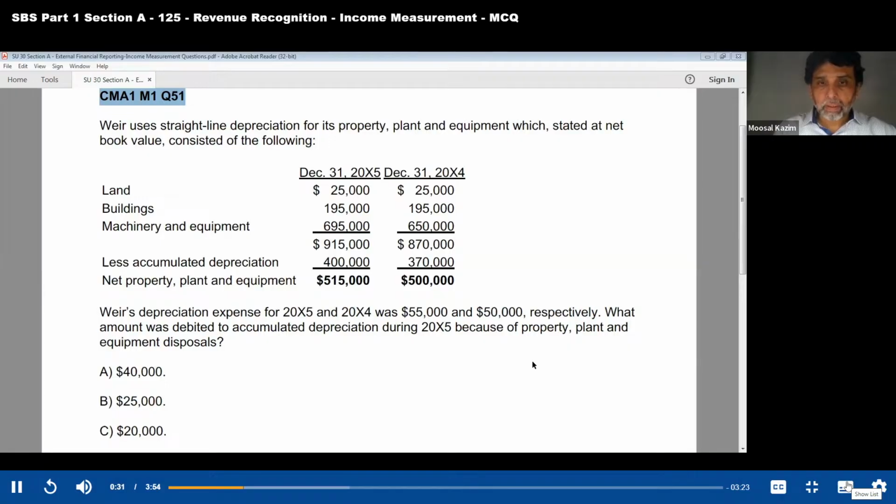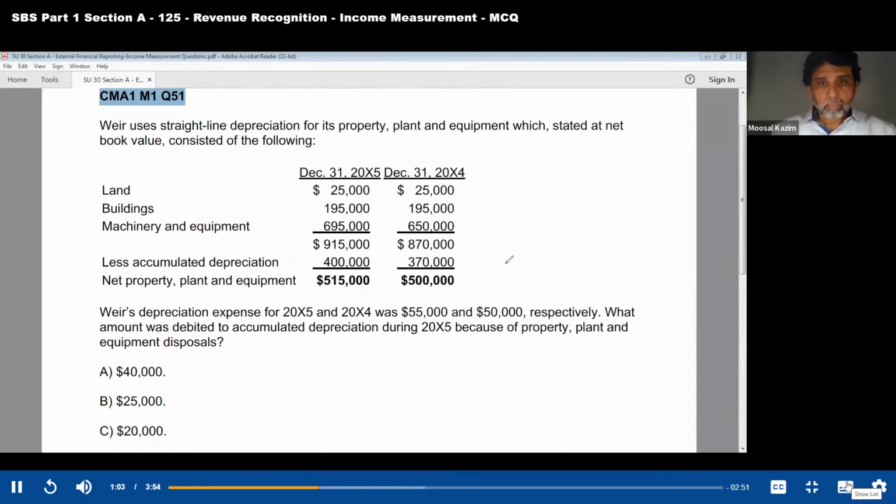What they require is what amount was debited to accumulated depreciation during 2005 because of property, plant, and equipment disposals. When you dispose an equipment, we remove the related depreciation, which I discussed in the previous video, including the accounting entry and all the concepts related to that. So he's asking you the disposals part.